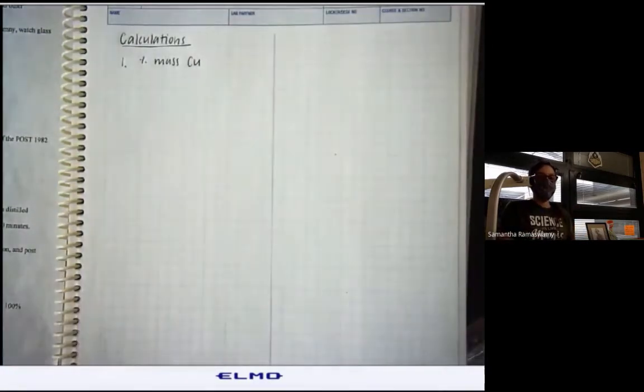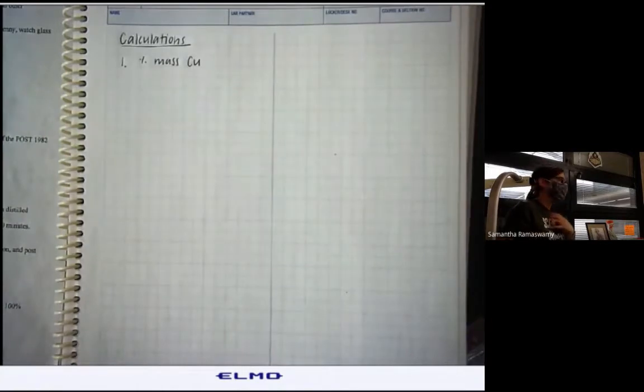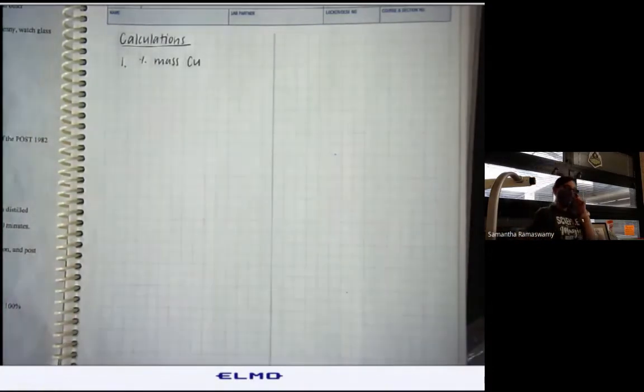Now, as I work through these calculations with you guys, I am not using sample data. I am going to be writing very generic calculations. I want you to be putting your data in and actually doing the calculations. So for percent mass of copper in a post-1982 penny. A post-1982 penny is made of copper and zinc.